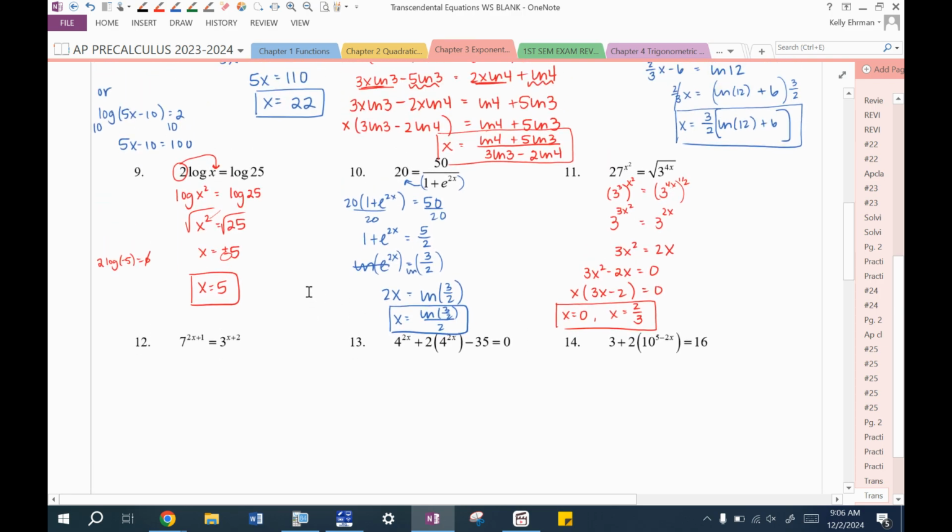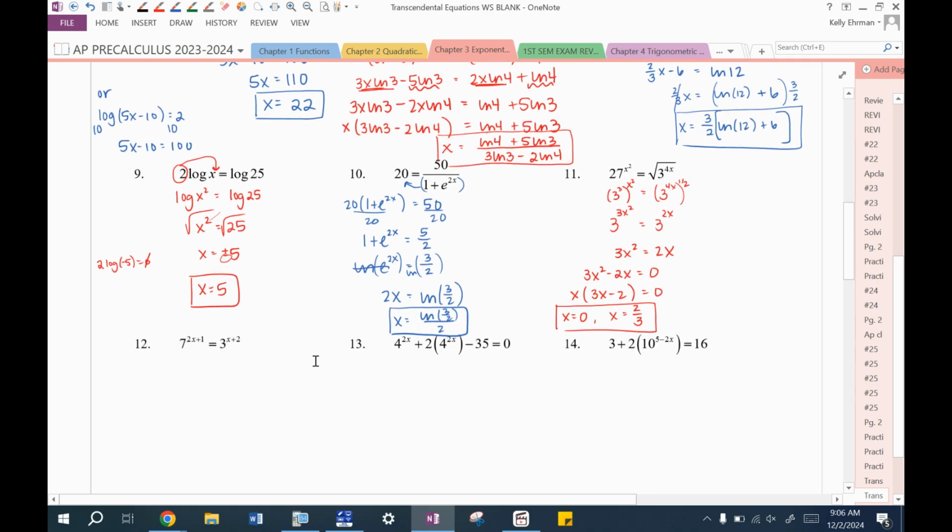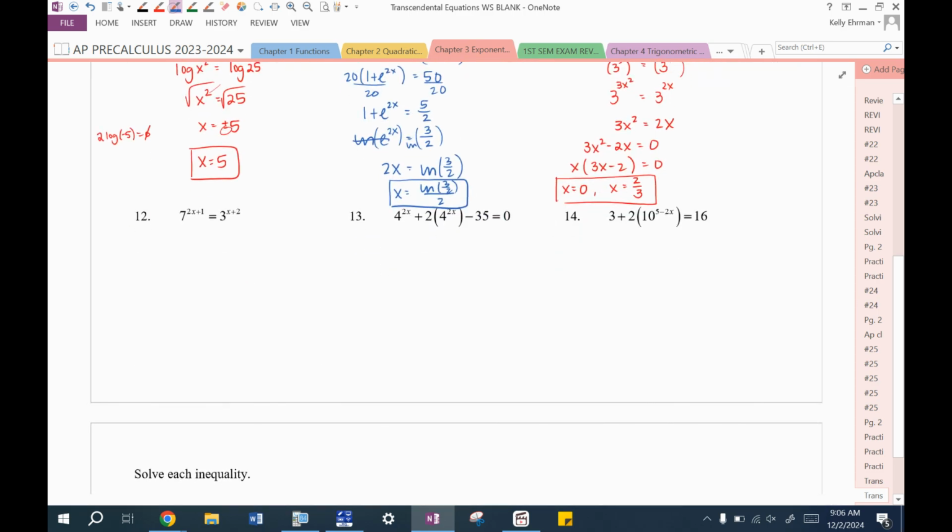Number 12 is just like number 7. I just gave you different base numbers, different exponents. So we can't log base 7 or log base 3. That'll complicate the problem. So instead, we're going to natural log both sides. For these problems, you're really going through the exact same steps every time. The only thing I can do is change the numbers. So I'm going to natural log both sides.